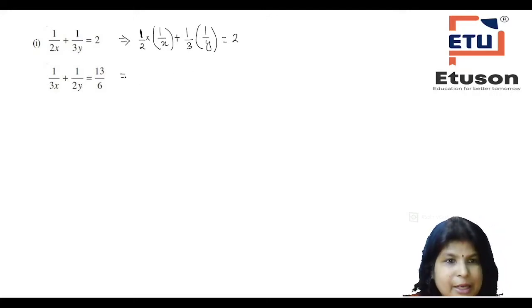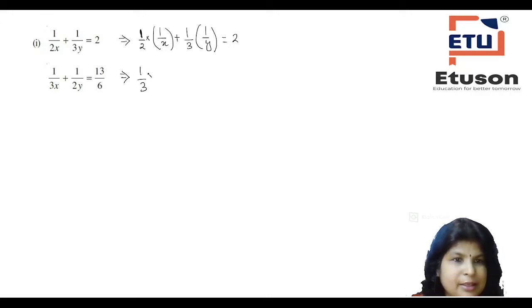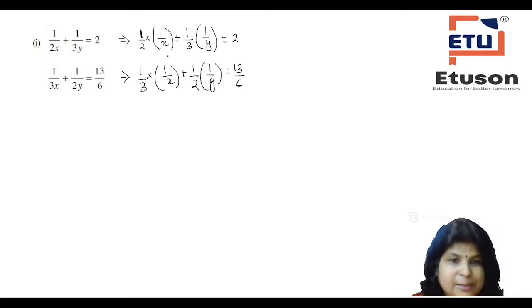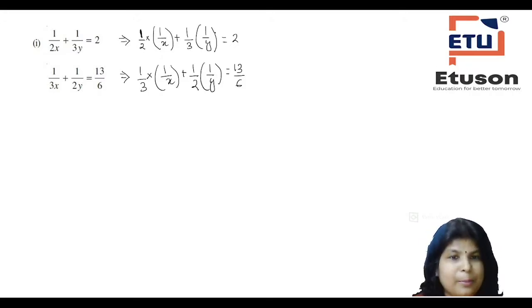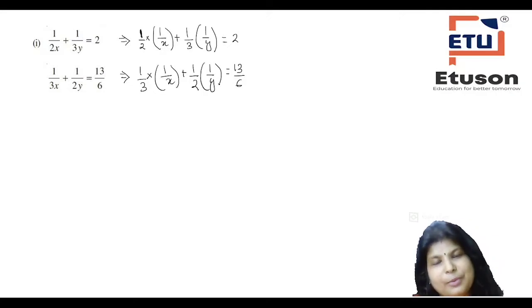So, similarly, what will be your second equation? 1 by 3 into 1 by x plus 1 by 2 into 1 by y. Now, why have I written in this form? To show you that in both the equations, we have common expressions, that is 1 by x is in the first equation, and 1 by x is there in the second equation also. Similarly, 1 by y here and also 1 by y here.